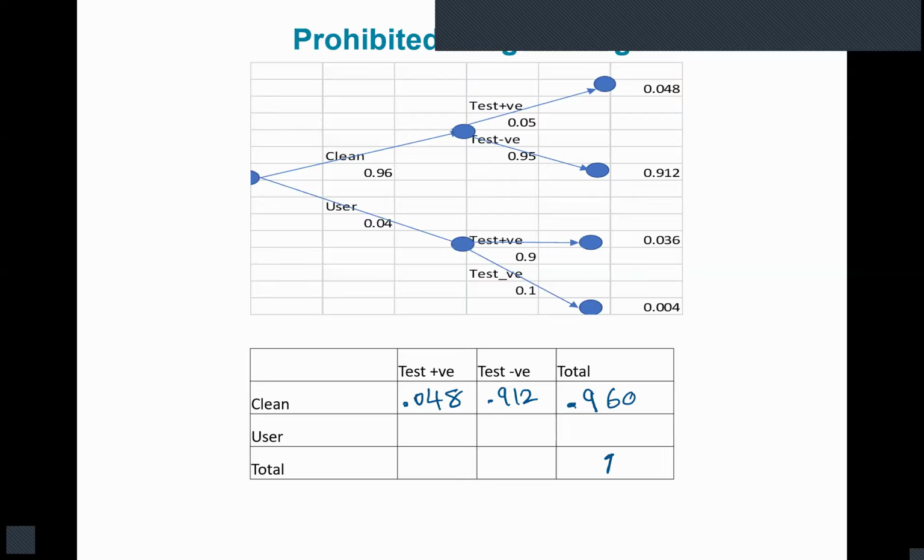And for users, for the users who are testing positive, my probability is 0.036. And for those who are not using anything, it is 0.004, sorry.